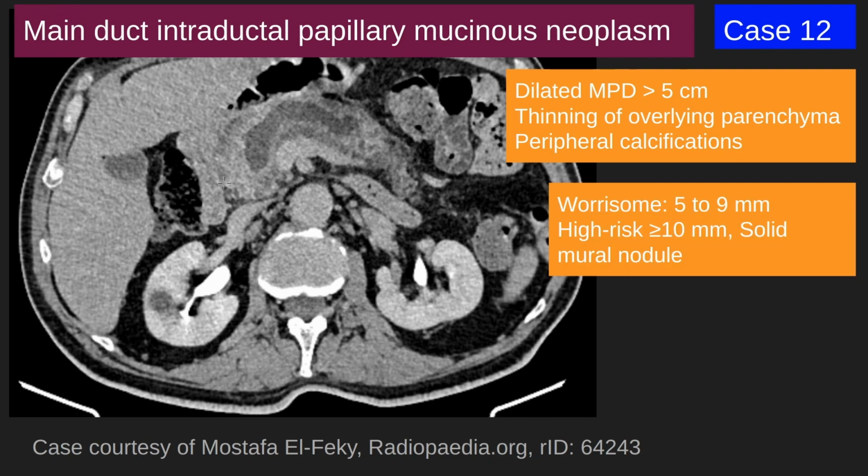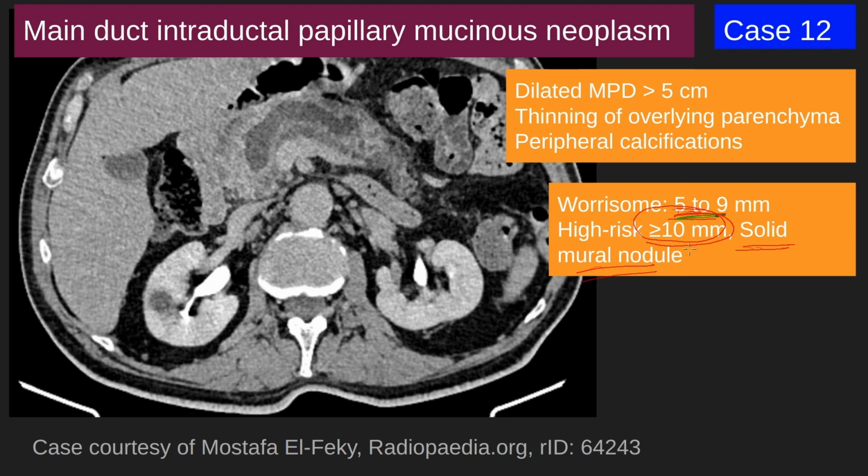Main duct intraductal papillary mucinous neoplasms tend to have higher malignant potential than side branch intraductal papillary mucinous neoplasm. Worrisome features are if the diameter of the duct is greater than 5 to 9 millimeters. The high risk features are if the dilated main pancreatic duct is greater than 10 millimeters and has a solid mural nodule.